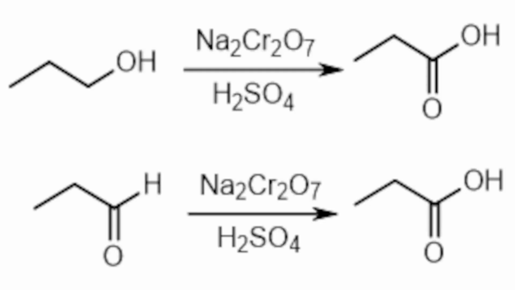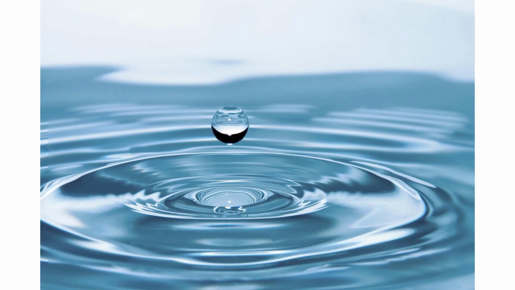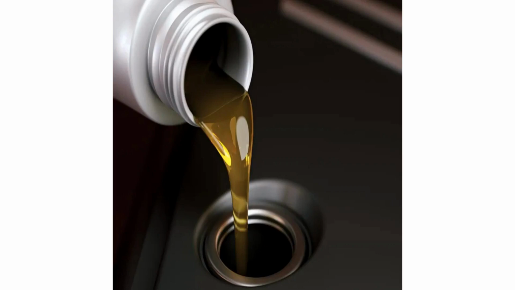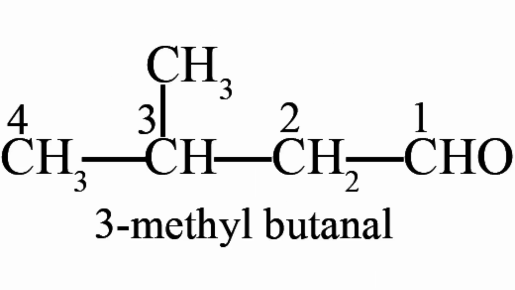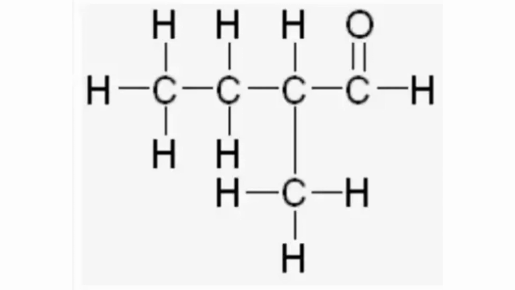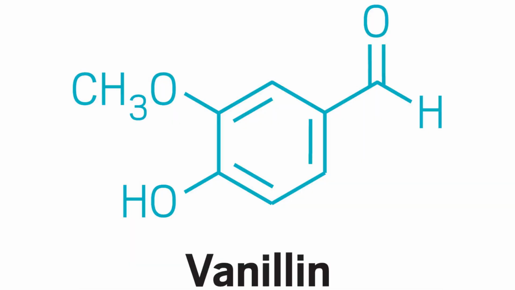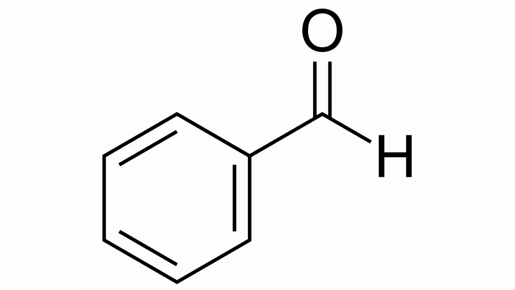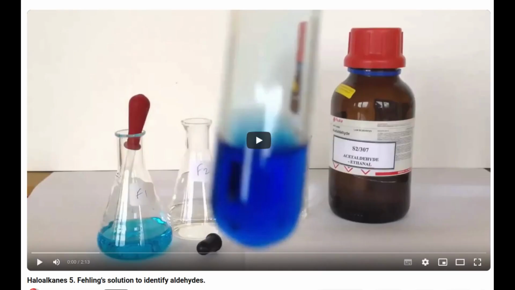Aldehydes with a shorter carbon chain can be dissolved in polar solvents, but all of them can be easily dissolved in nonpolar solvents. Other interesting aldehydes are 3-methylbutanal, smell of chocolate, 2-methylbutyraldehyde, smell of nuts, vanillin, smell of vanilla, and benzaldehyde, smell of almond. For activity, do the Fehling test. The procedure is explained in this video.